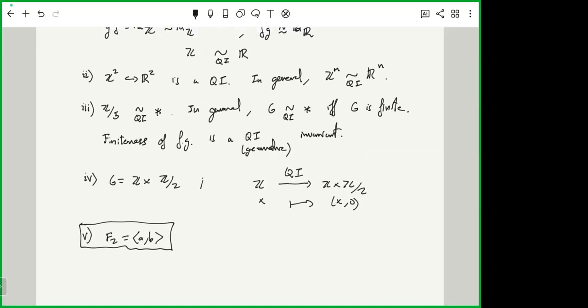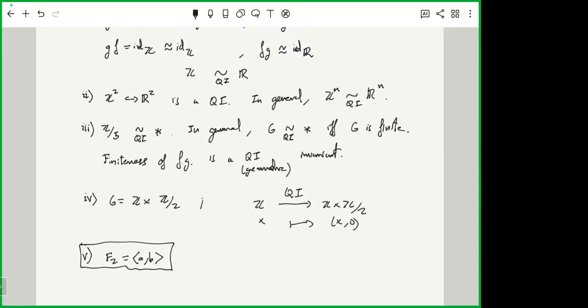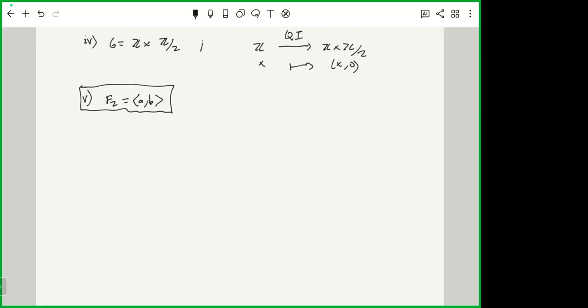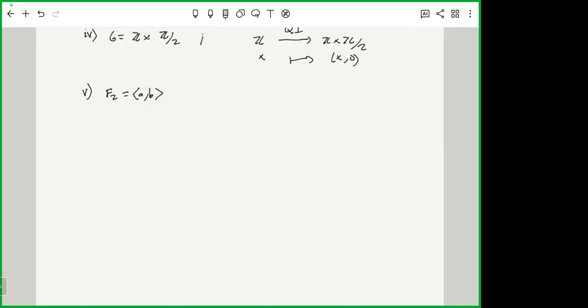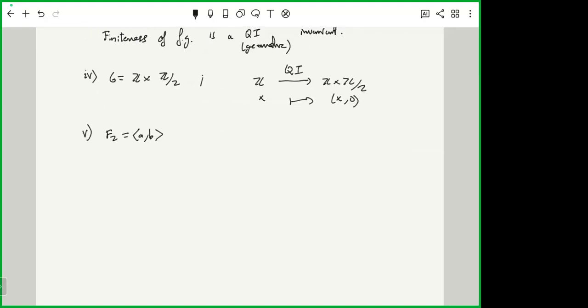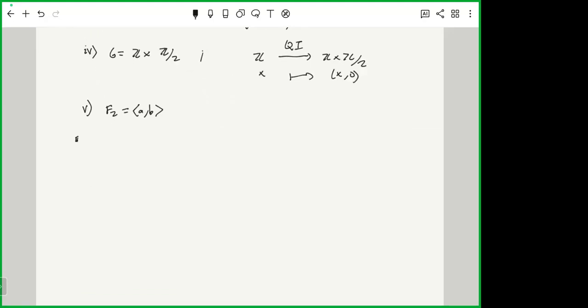Something that should worry us is the dependence on the generating set. Something that should worry us is the dependence of this metric on the generators.